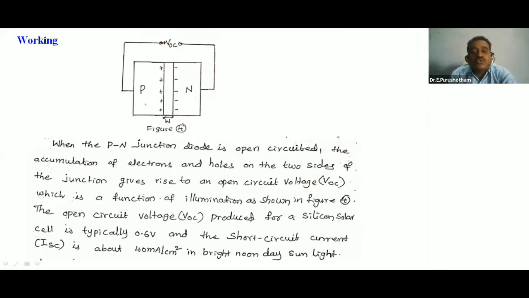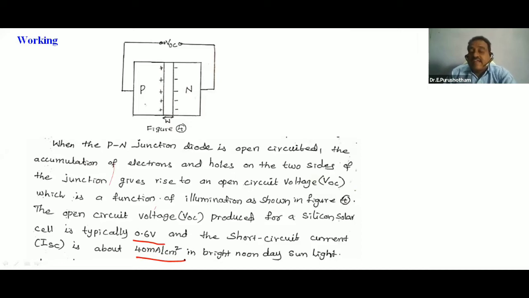The open circuit voltage VOC produced for a silicon solar cell is typically 0.6 volts, and the short circuit current is 40 milliamperes per centimeter square in bright noonday sunlight.